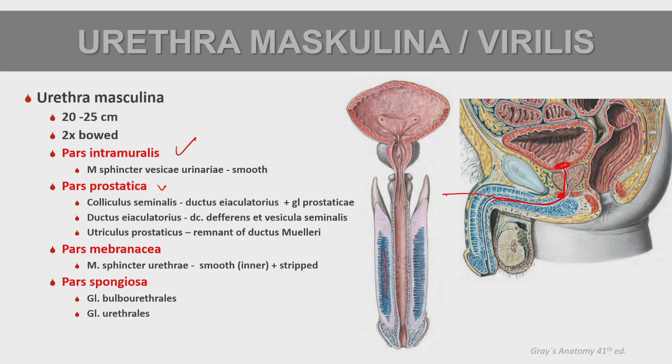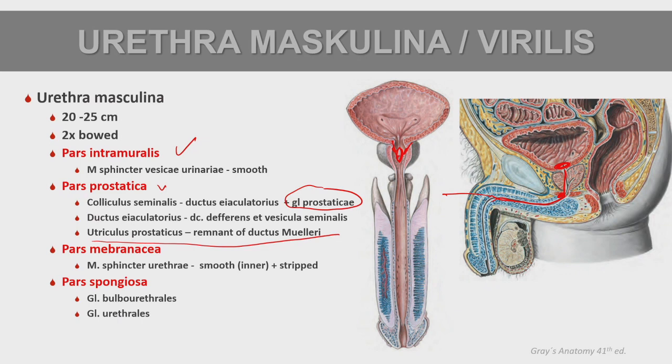In the male, we have the colliculus seminalis, which is in the prostatic part, where the openings of the ductus ejaculatorius, or two ducts, and multiple prostatic gland openings go into the urethra. And then there are some remnants of the ductus Mülleri.